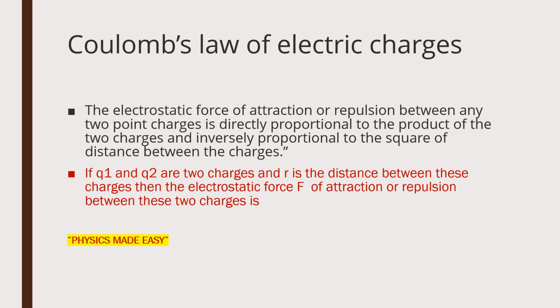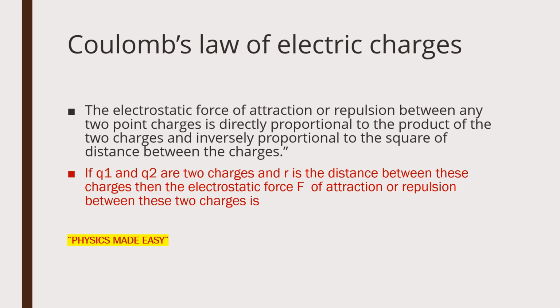Now the most important concept of this chapter, Coulomb's law of electric charges. This law states that the electrostatic force of attraction or repulsion between any two point charges is directly proportional to the product of the two charges and inversely proportional to the square of the distance between the charges. To explain this statement, let us take an example.